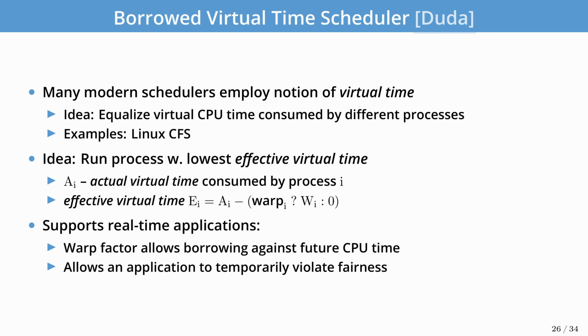Real-time applications will have some warp factor, capital W_i, and they'll have a warp flag that decides whether or not the real-time priority is still given to that application. The purpose of this, and we'll see this in a couple slides when we look at a real-time example, is that it allows an application to temporarily violate fairness and borrow against its future CPU time in order to make it more responsive in the short run. So this will be great for media applications and games and things like this.